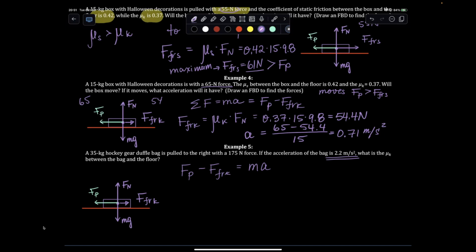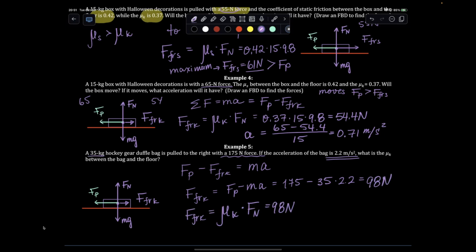I also know that force of pull is 175. I need to find force of kinetic friction, and I will find it as force of pull minus my net force. So it's 175 minus mass, which is 35, times acceleration, which is 2.2. So when I do 175 minus 2.2 times 35, that gets me 98 newtons.